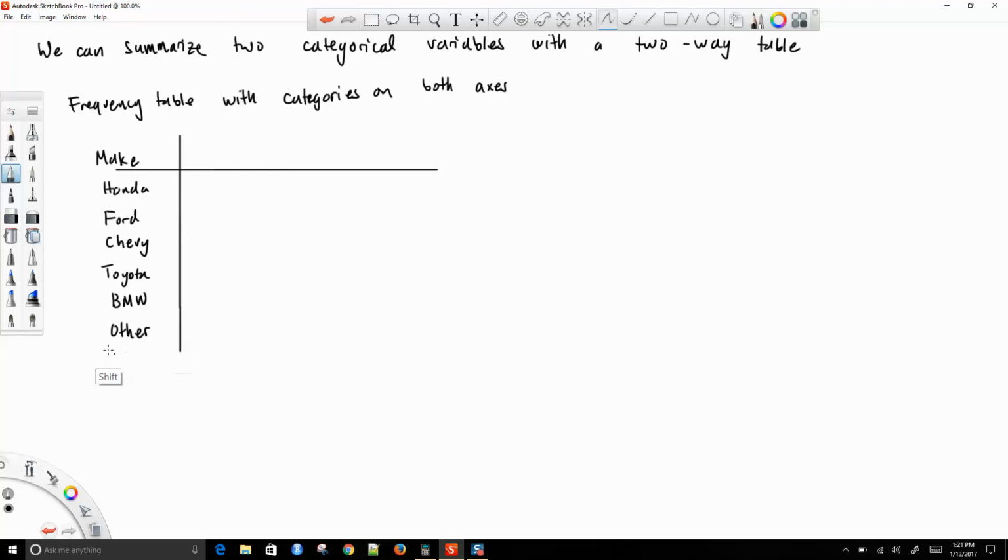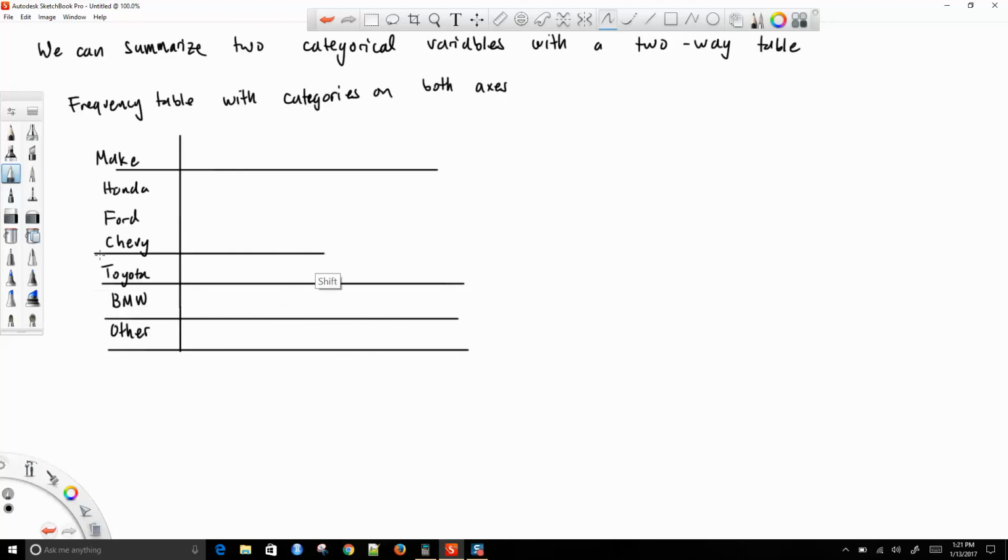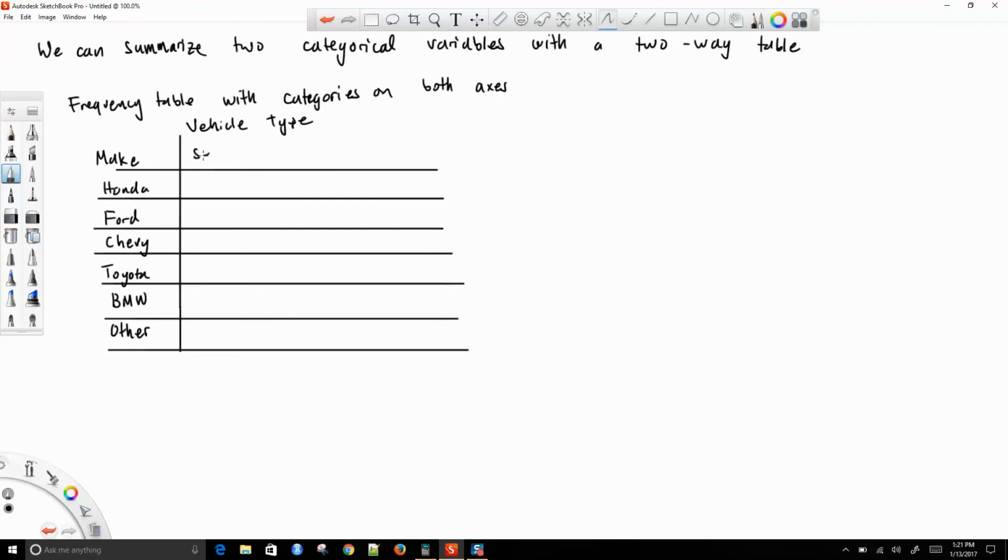Okay, so this would be along one axis, and then on the other axis we would put the vehicle type. Whether that is sedans, SUV, truck. Okay. Yeah, I guess we'll just say other also.